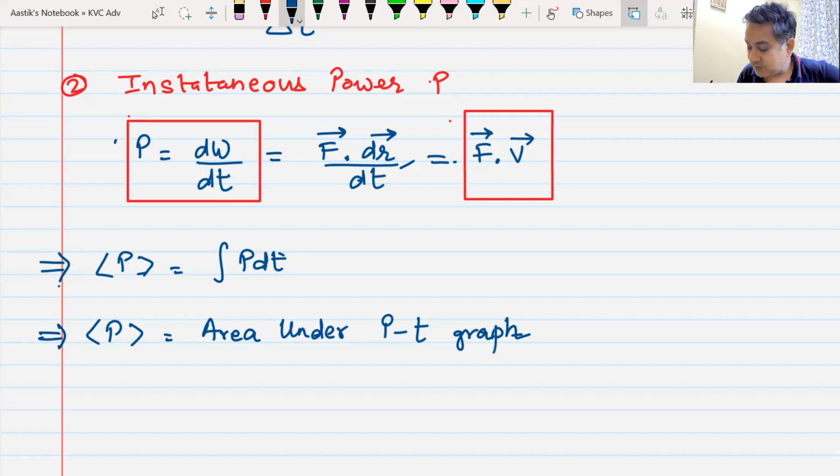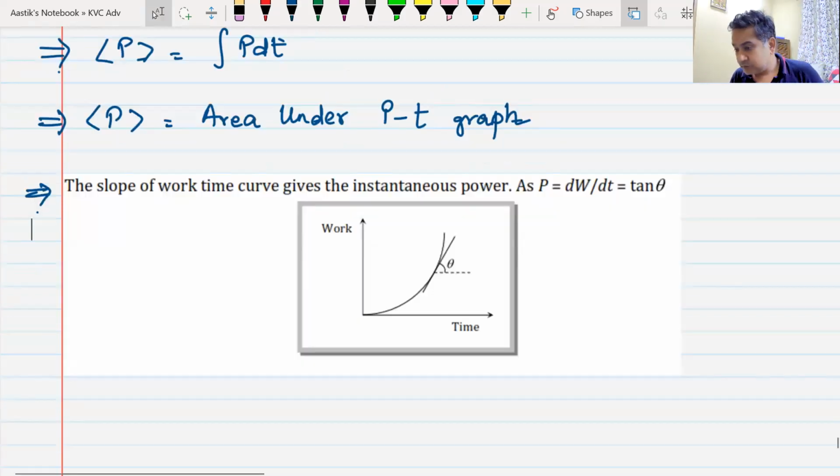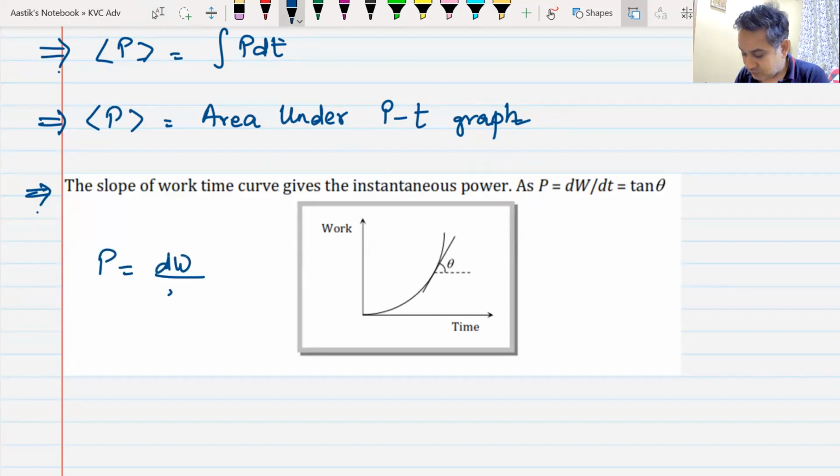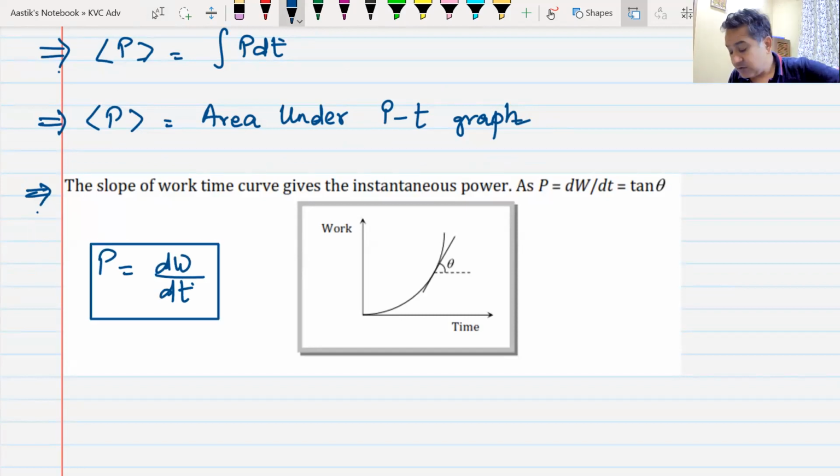What we know is power is dW by dt, so it is the slope of the work-time graph. At any point, if you find the slope, that will give you the power. Do we understand this? Yes, sir. These are the things that you must remember.